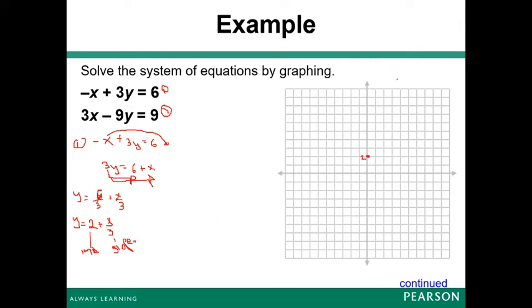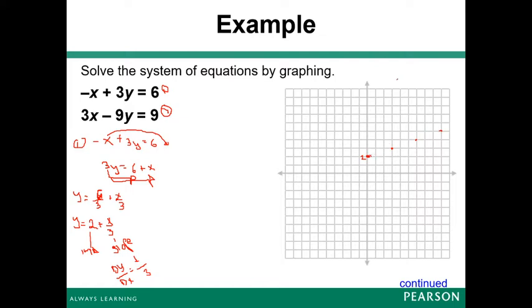Now the slope is the change in y over the change in x, which is 1 position in y and 3 positions in x. So we move 1 up in y and 3 positions in x, again and again.